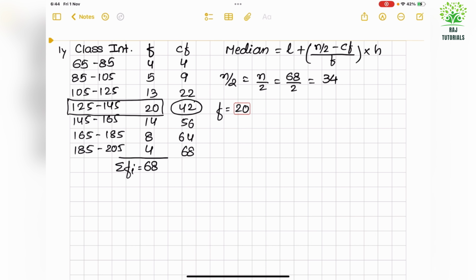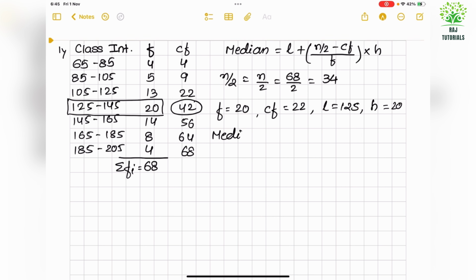The frequency which is against the 42 cumulative frequency. Sorry, CF will be the one observation above the circled observation, so 22. Then L will be 125 and H will be 20.